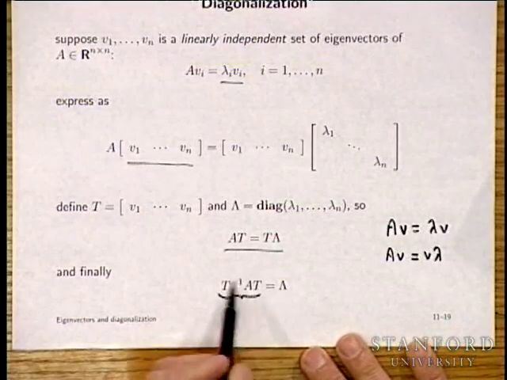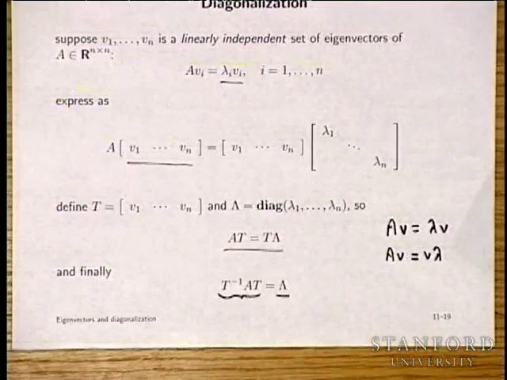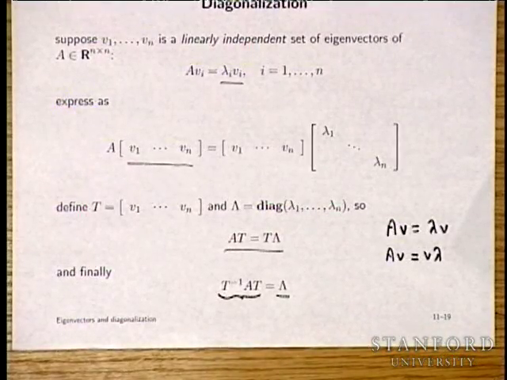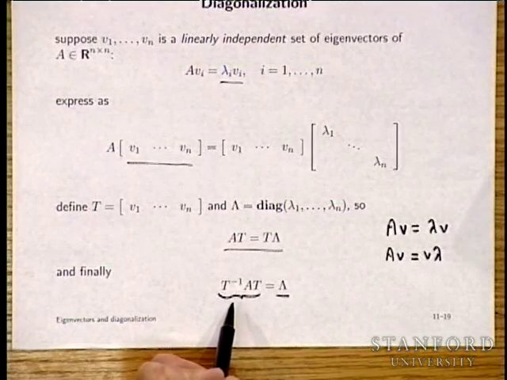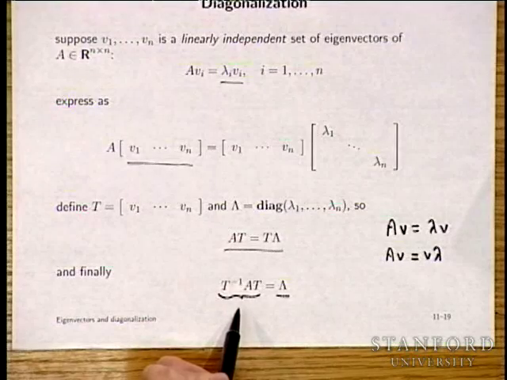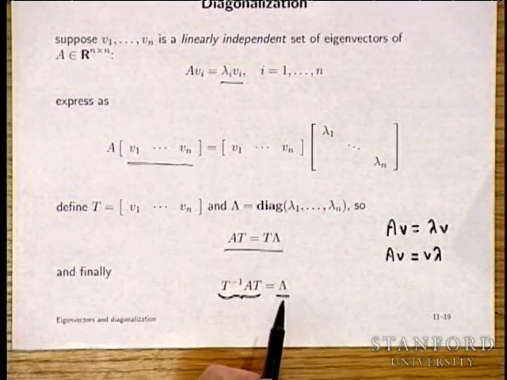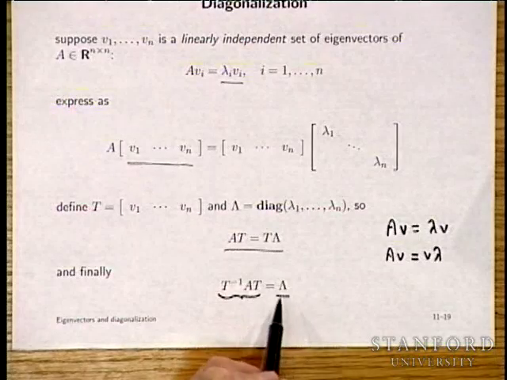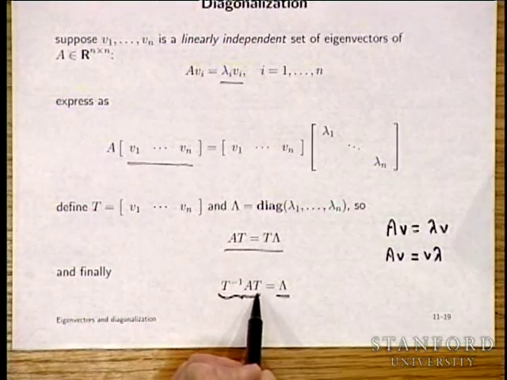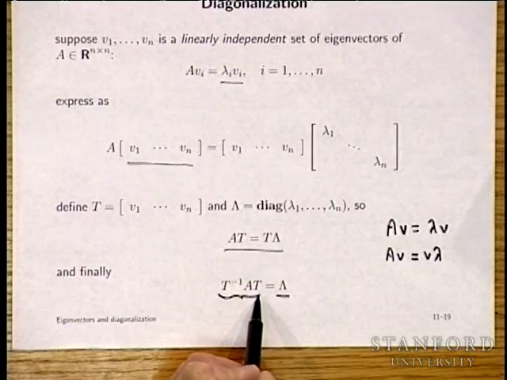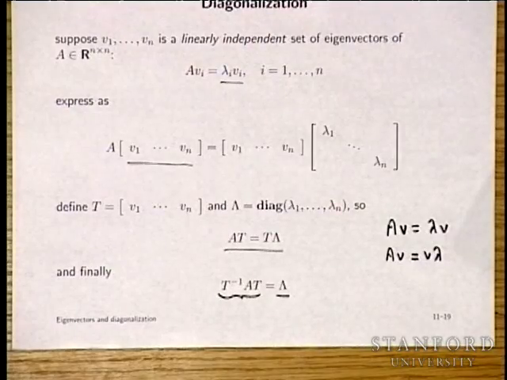That is a similarity transformation, and that's a diagonal matrix. It's the eigenvalues. And people would say the matrix A is diagonalized by a similarity transformation. The diagonal matrix has the eigenvalues on its diagonal, and the matrix that diagonalizes A is the eigenvector matrix. So it looks like that. Okay.